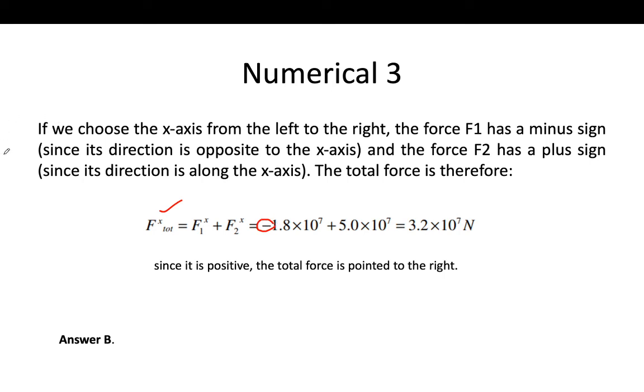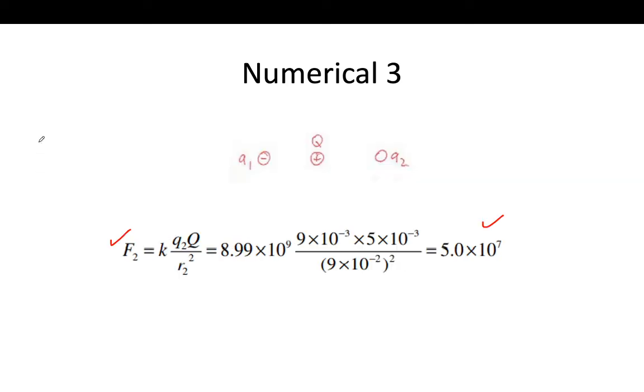See, if we choose the axis from left to right, the force F1 has a minus sign since its direction is opposite to the x-axis, and the force F2 has a plus sign since its direction is along the x-axis. So here we choose minus because F1 direction is opposite to this one.